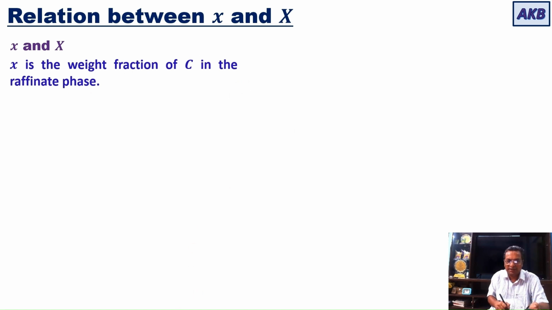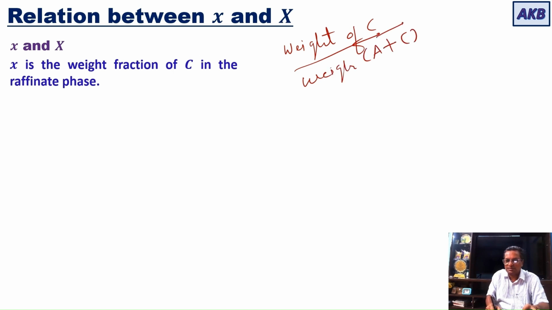It is simply weight of C divided by weight of A plus weight of C. That means in the denominator we have considered the weight of C. So it is simple weight fraction of C in the raffinate phase, small x.